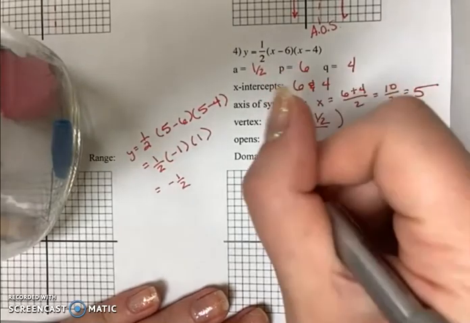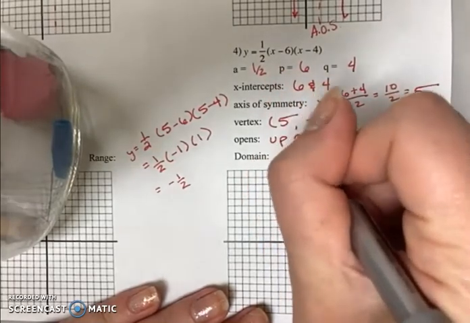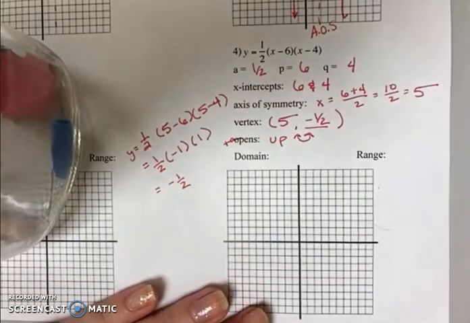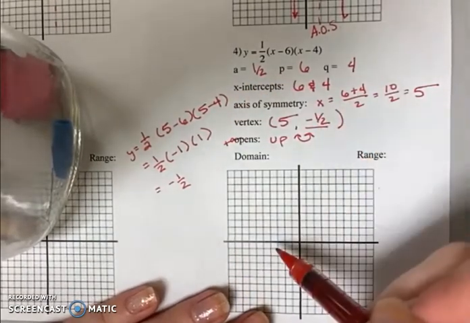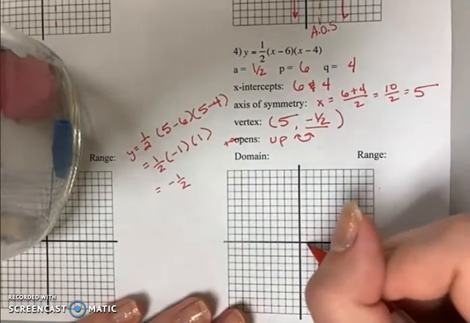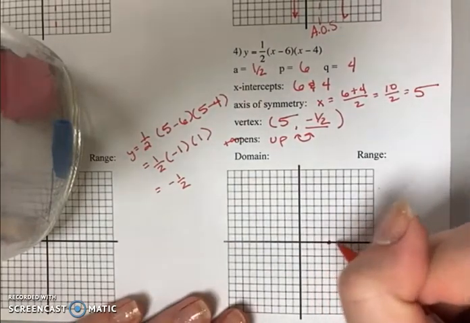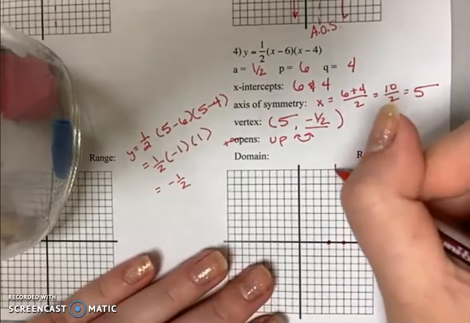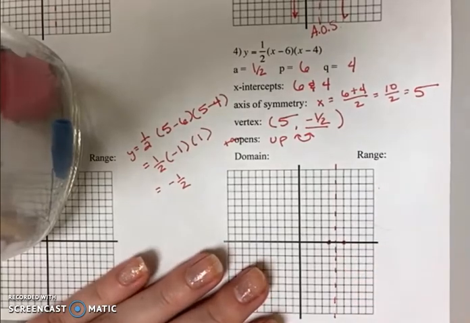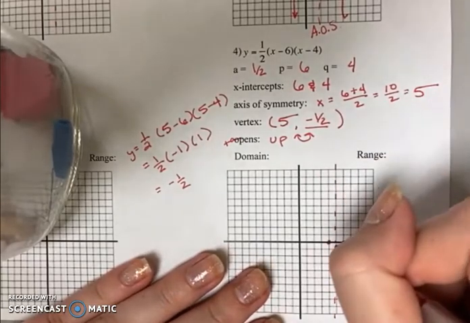Because a is positive, I know it's going to open up, looking something like this. Okay, I'm going to plot all of this information on my graph so we can see the domain and the range. I have an intercept at 4, 1, 2, 3, 4, and 6. I had my axis of symmetry at 5. The vertex was at 5, -1/2, so here.